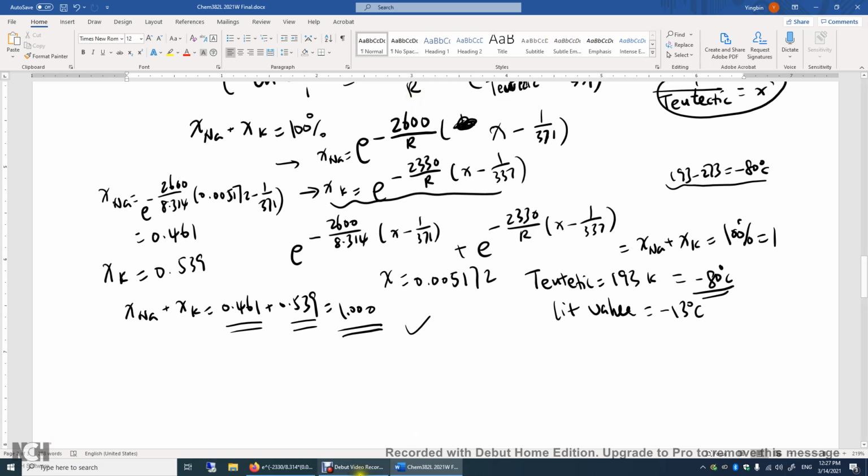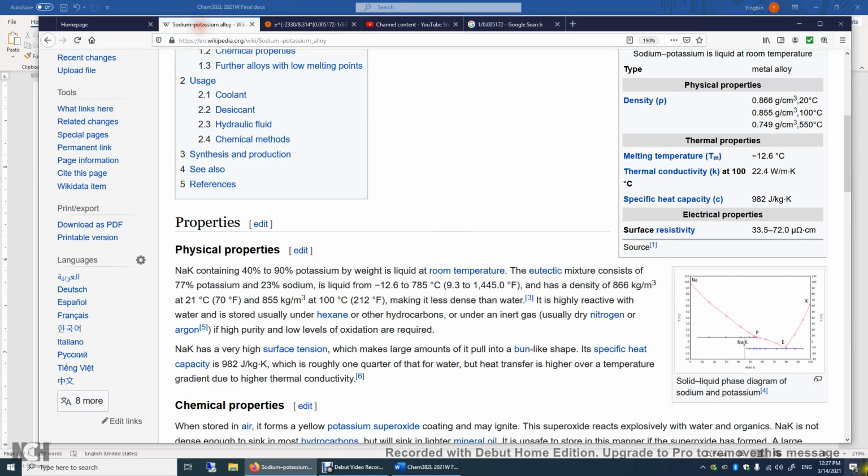But again, if we actually look at the experimental result, if you look at this picture, you can see in the middle, it forms this sodium-potassium co-crystal. It looks like each sodium is surrounded by several potassium, and each potassium is surrounded by sodium, instead of pure sodium or pure potassium. So in this case, the experimental data are quite different from our prediction. Okay, over here.